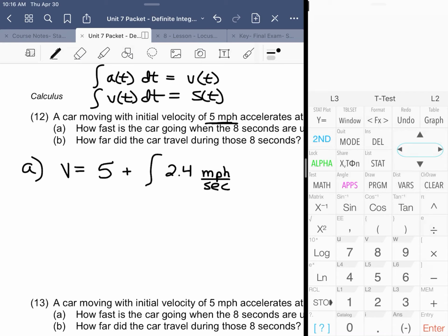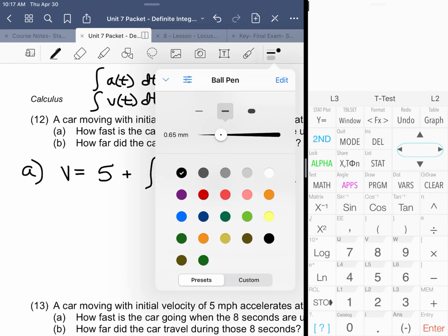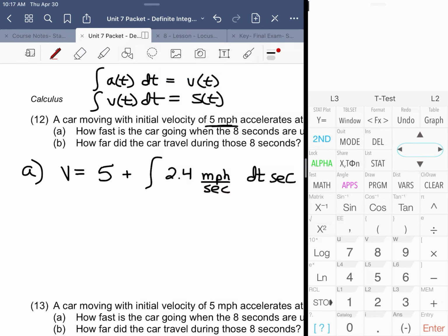So 2.4, and I'm going to include the units here just to emphasize something, namely the units. Miles per hour per second, dt, but dt would also be in seconds, dt seconds.